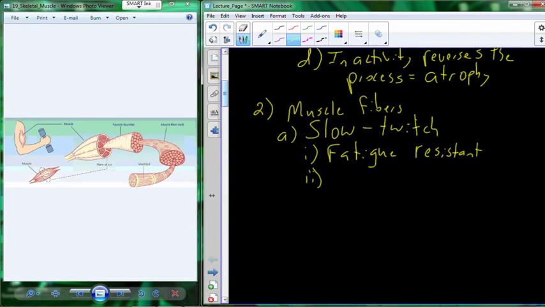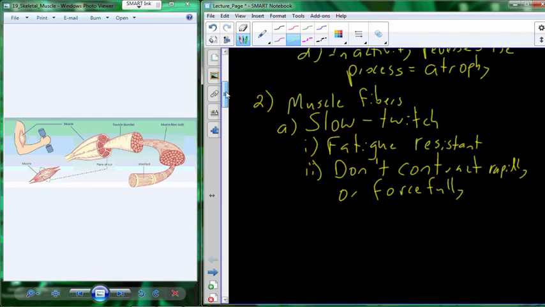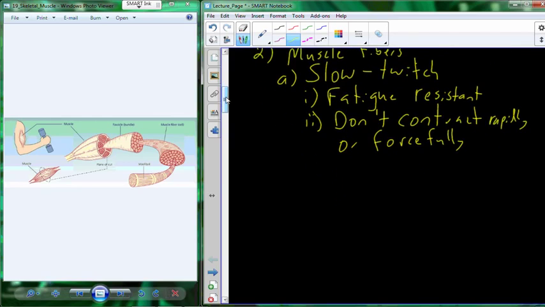Even though they are fatigue resistant, they have a reduction in their force production or contractile abilities. So they don't contract very rapidly or with a significant amount of force. Not that they can't contract sufficiently and forcefully enough, but they just don't have as much contractile strength and force as a fast twitch fiber.